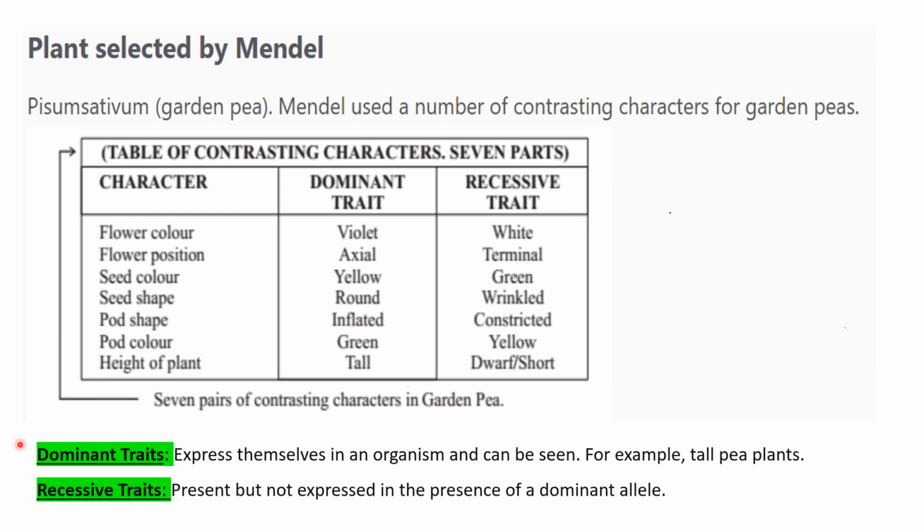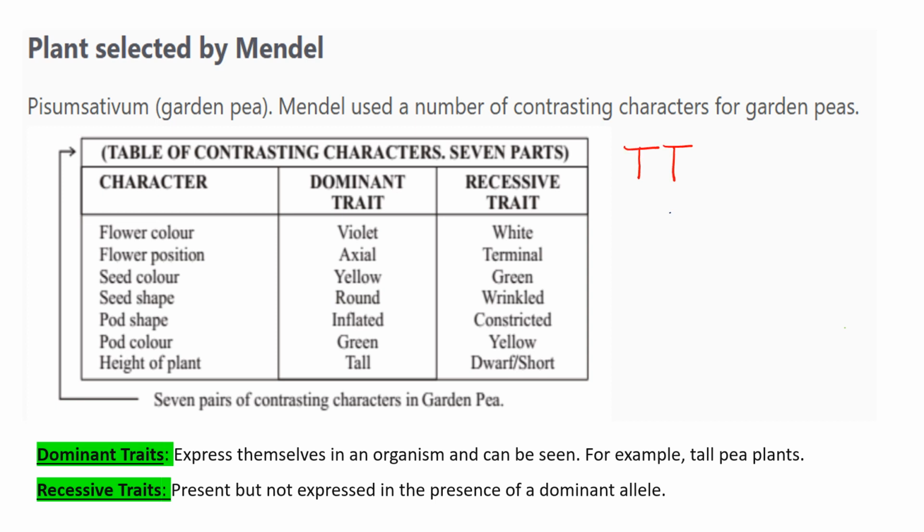Next let's see what dominant traits are. They express themselves in an organism and can be seen visibly, for example a tall pea plant. Recessive traits are present but not expressed in the presence of a dominant allele. Let's consider three possibilities for garden pea plants.